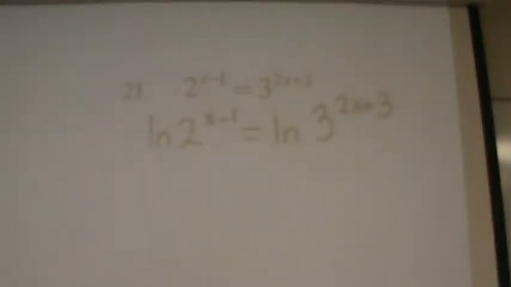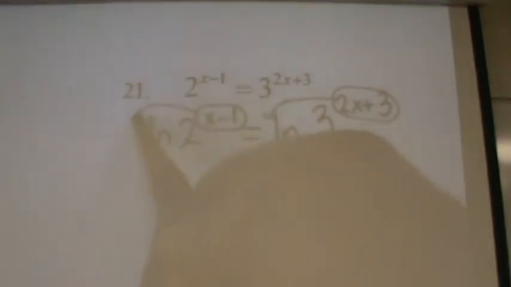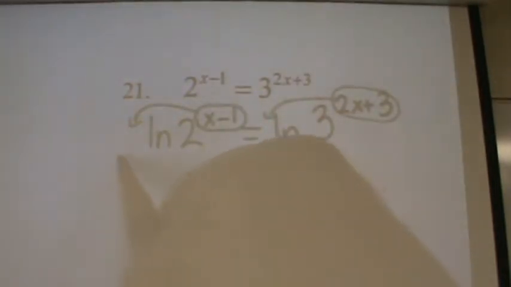Then what are you gonna do? Yeah, put the things in front of it. You're gonna put these two powers in front of the ln. So you've got really ln2, and I'm gonna put it in the back if you don't mind. You could do front or back.